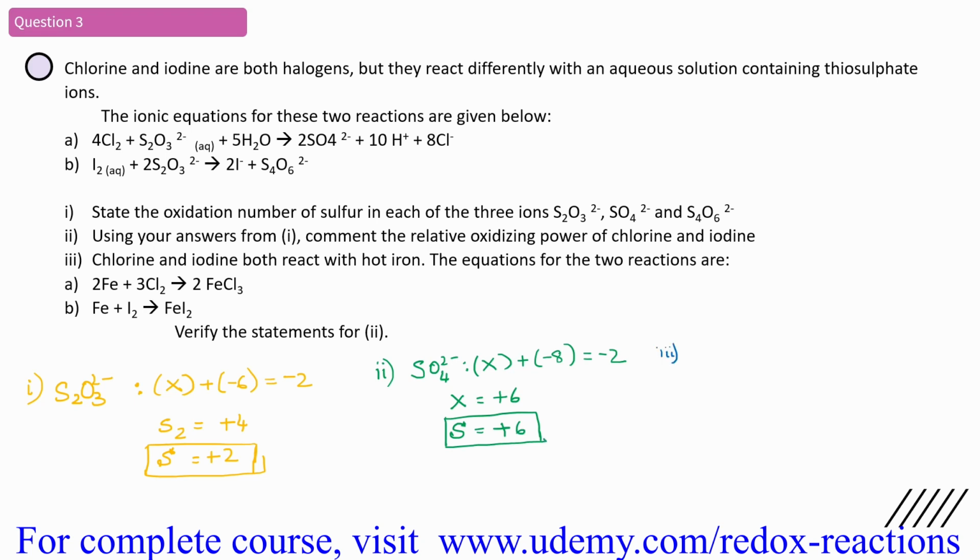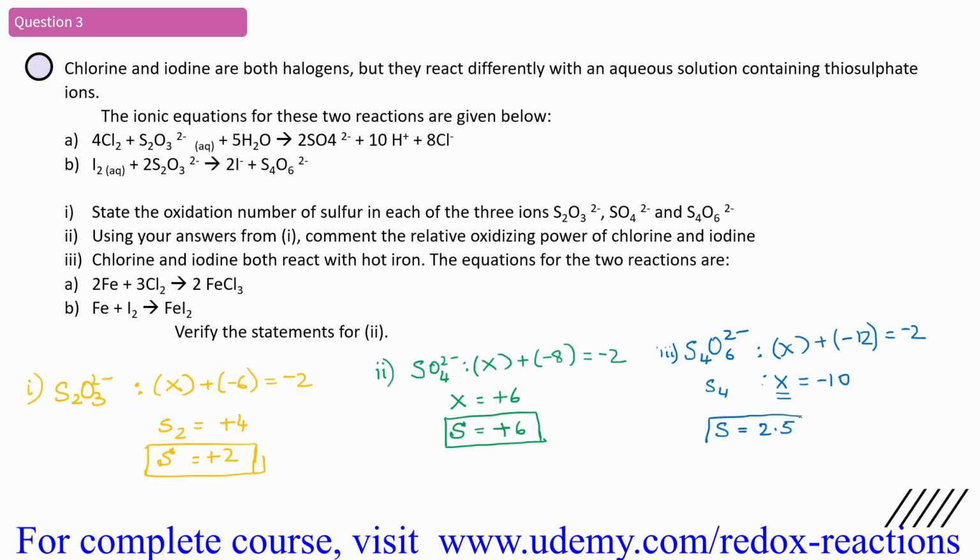The third one is S4O6 2-. Again here let's have X for the oxidation state of sulfur, and then we have oxygen having -2 times 6, which is -12, giving rise to a charge of -2. So here X is equal to +10, but X here is for S4, so we have S as 2.5.